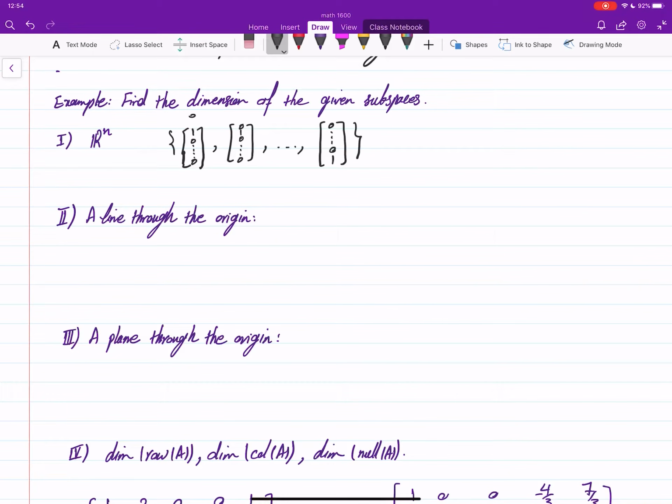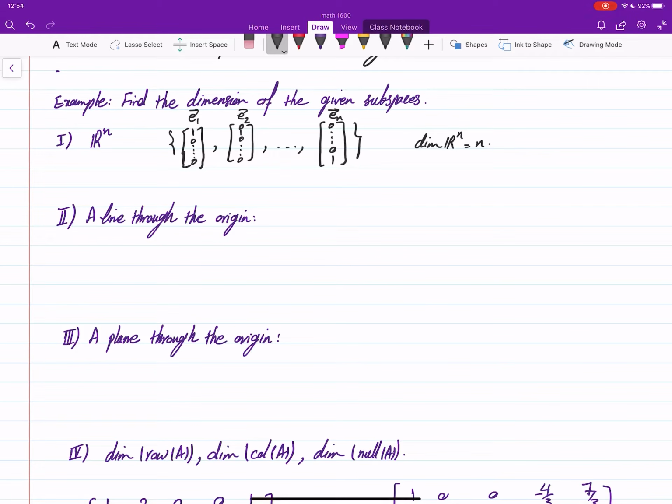Remember, we call these e1, e2, up to en, and this is a basis for Rn. How many of those do we have? There are n of them. So the dimension of Rn is exactly n.